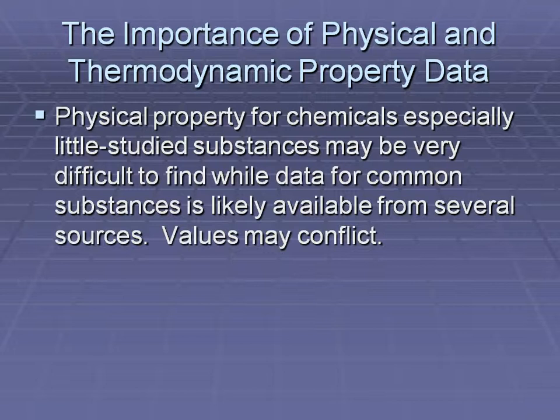But then there are also rare chemicals that maybe have only been reported in the literature once or twice. So the more common a substance is, the easier it is to find the data that you're looking for. But also, since there is so much redundancy in the literature, it's very possible that values may conflict.